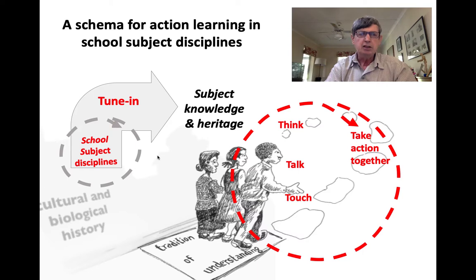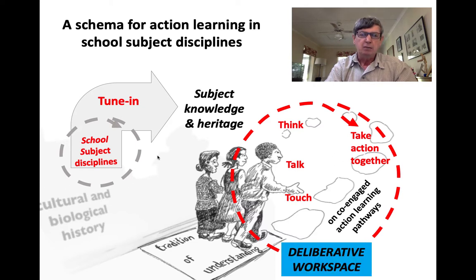So the traditions of understanding that they have come into how they interact in the world on co-engaged action learning pathways. And this was a very useful image for a deliberative workspace coming out of the Vygotskian tradition of cultural historical activity theory for approaching the work that we're doing.